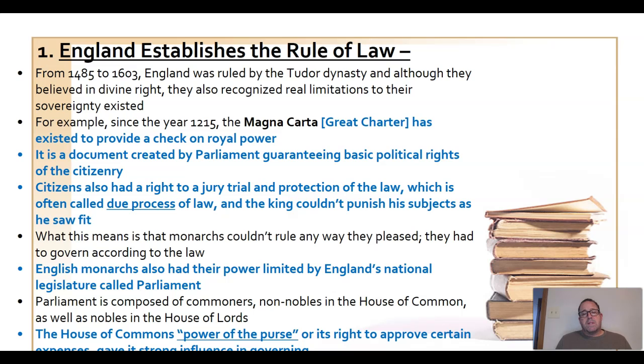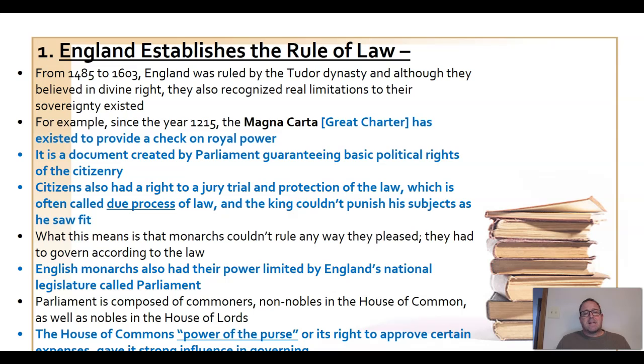This document was passed by Parliament, the legislative body that exists in England, and it was done to rein in the power of the monarchy.